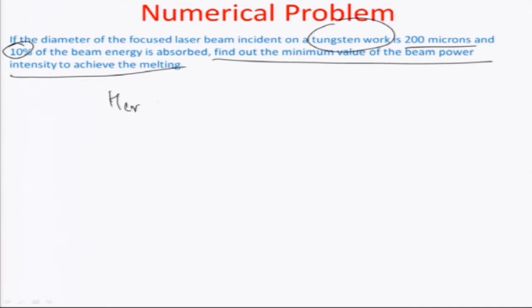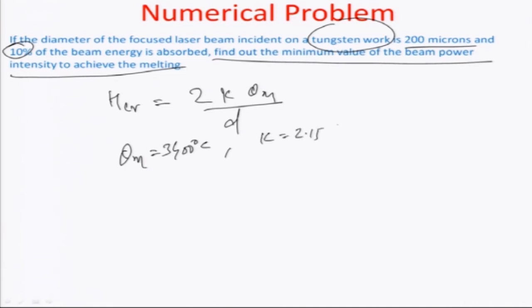So, we already know that HCr here, the critical power, is represented as twice k theta m by d. Theta m, as we know, is the melting temperature of tungsten, about 3400 degrees Celsius. We already know the k value as defined earlier to be 2.15 watt per centimeter degree Celsius, thermal conductivity of the tungsten workpiece. In this particular case, the beam diameter of course is 200 microns.